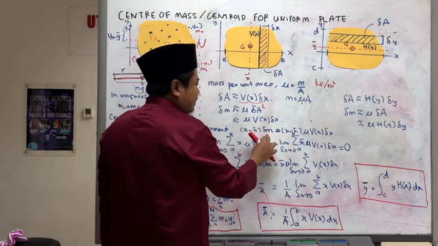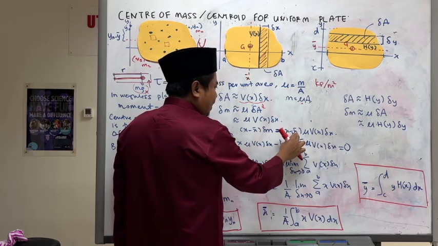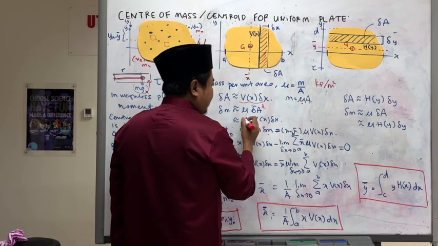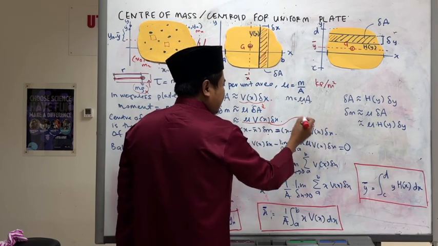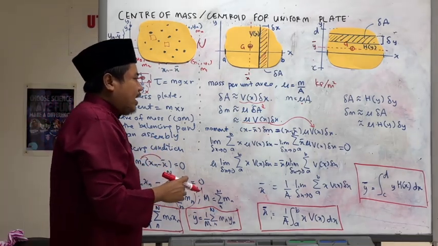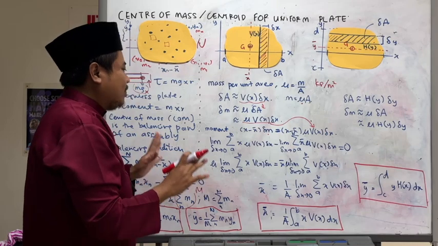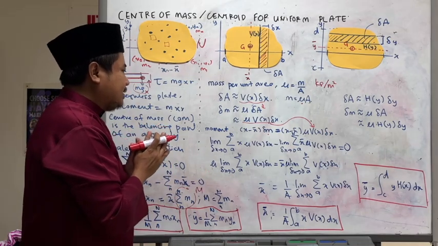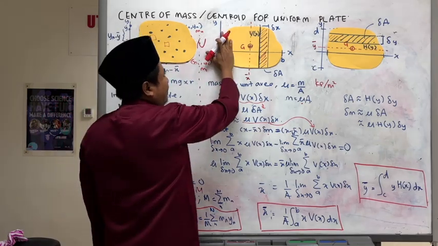And the distance is x minus x bar, and dm you can take from here. So we can substitute. Now we have all the information ready for us to calculate the total moment.